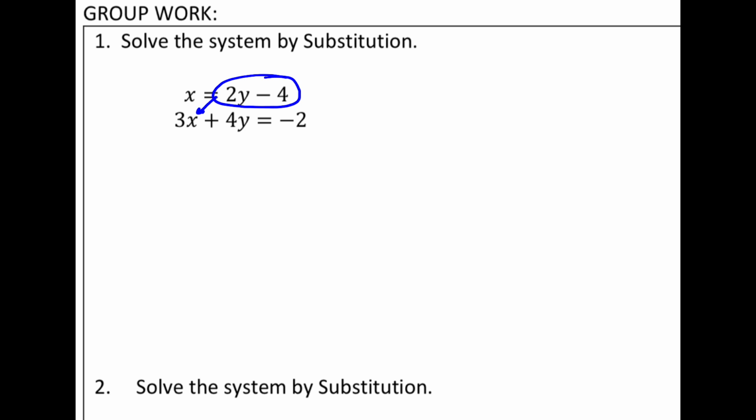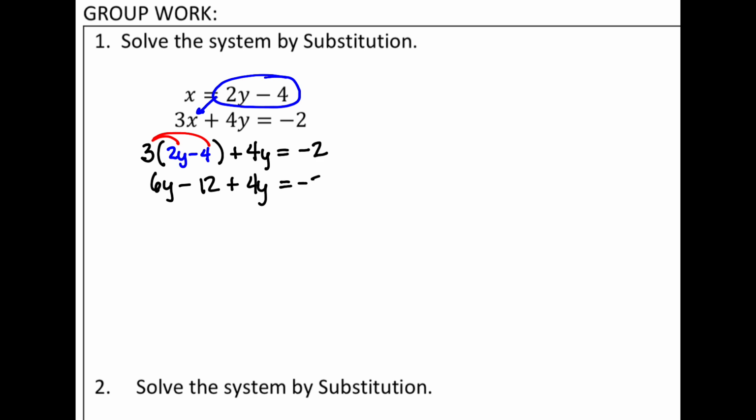So I'm going to take the second equation, put 2y minus 4 in for x, and keep writing the rest of the equation. Now I have one equation with one variable and I can solve it. So distribute: 6y minus 12, add 4y equals -2.